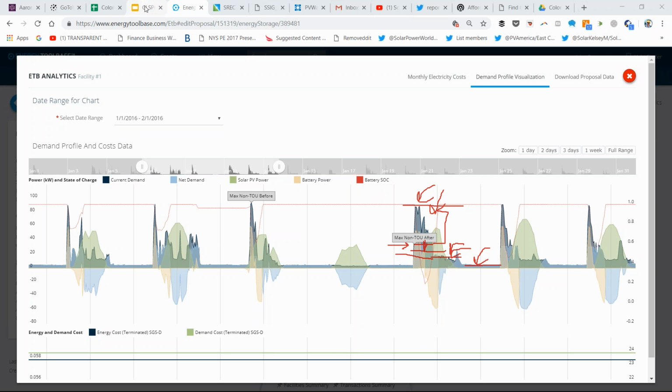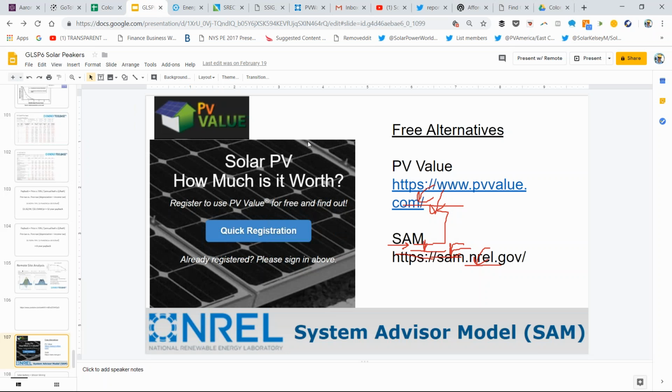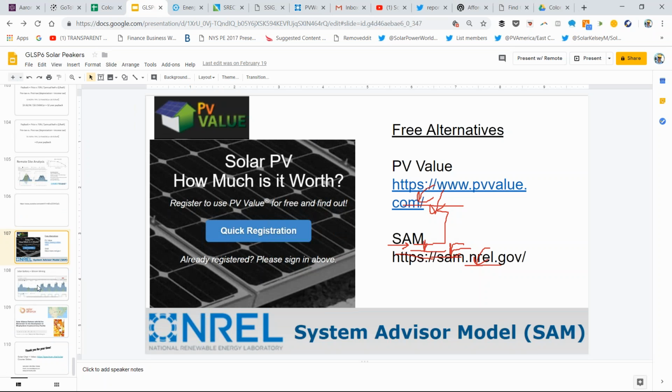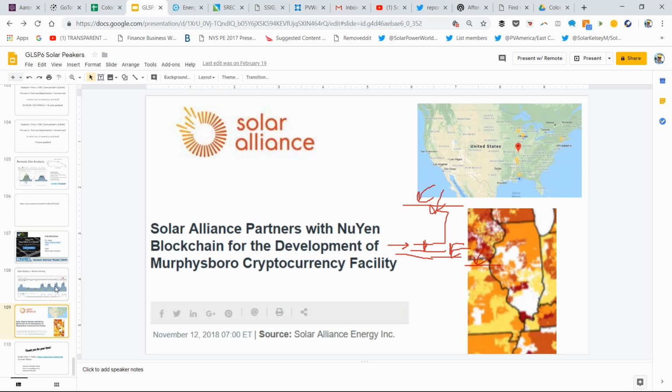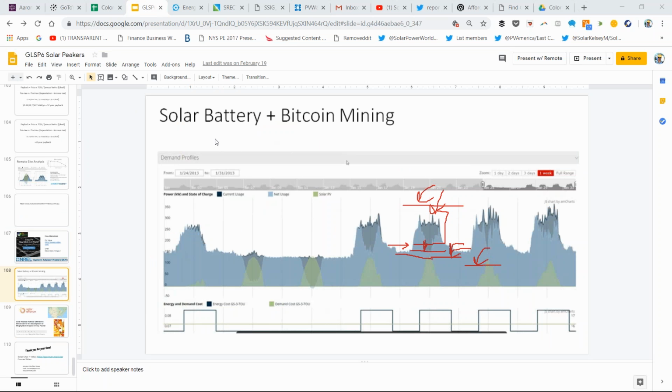Okay, so with that, we are at the end of the program. This is just kind of saying, hey, don't forget that in these valleys between your maximum demand charge, that is the cheapest electricity in the United States.